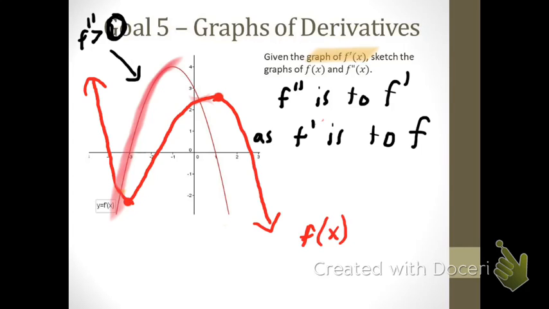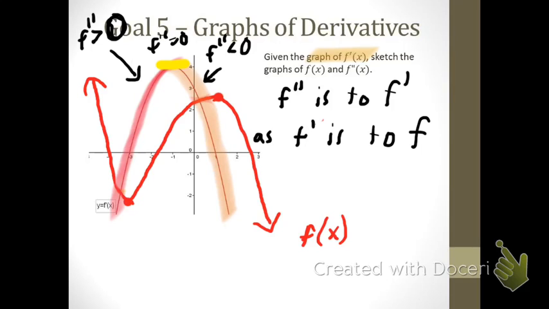Then, over the rest of the graph of f prime of x, right here, the first derivative is decreasing, which means that the second derivative has to be negative at that place. And then finally, right there where the tangent line of the first derivative is horizontal, that's where f double prime, the second derivative, has to be equal to 0, because it is the tangent to the tangent, so to speak.